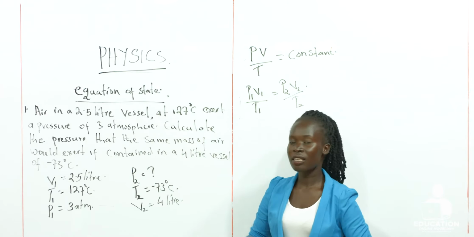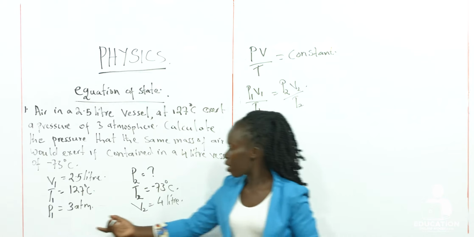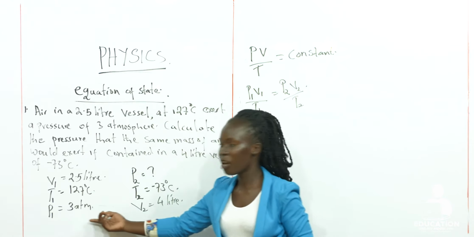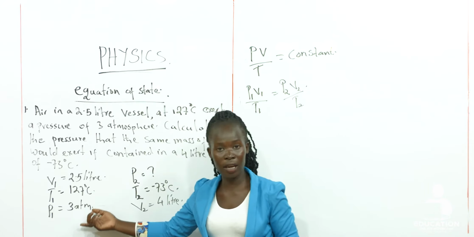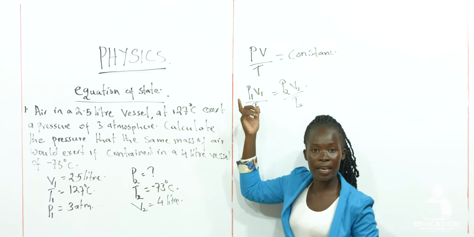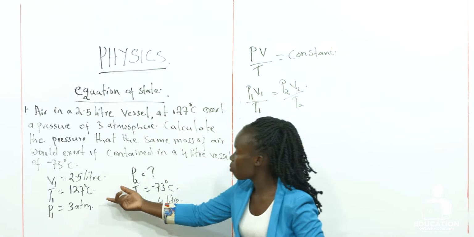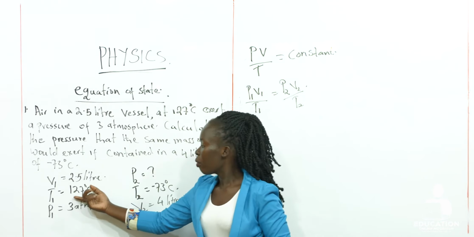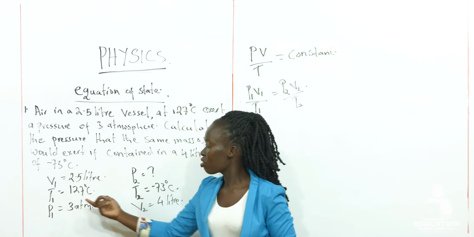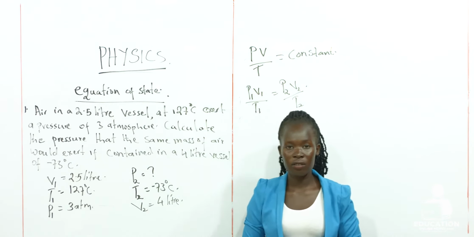So what is our pressure at the start that the air exerted? You see that the air at the beginning produced the pressure of 3 atmospheres. So we shall take this 3 and substitute it in our formula where there is P1. Then we come to the temperature. The temperature is 127 degrees Celsius.